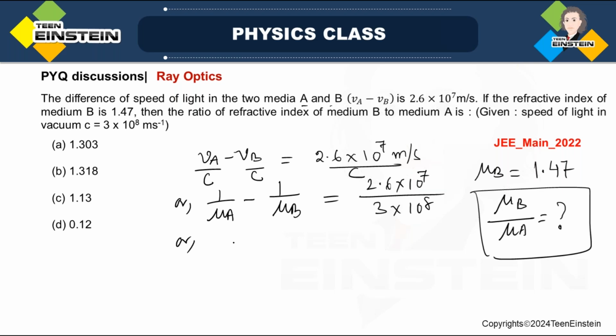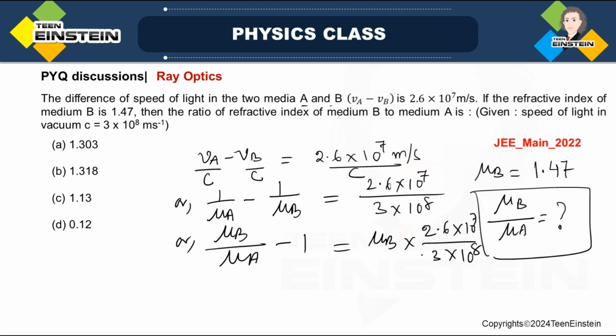Now further what we can do, we have to find out mu B by mu A. Let us multiply mu B on both sides. So mu B by mu A, and here it is minus 1, and this will be mu B into this factor, 2.6 into 10 to the power 7 divided by 3 into 10 to the power 8 meter per second.